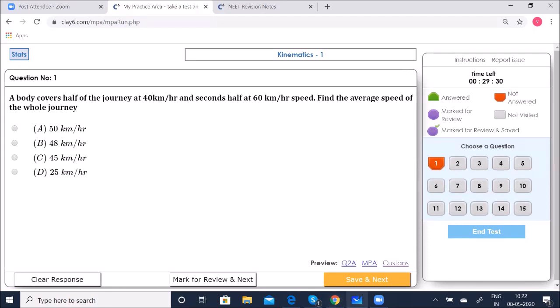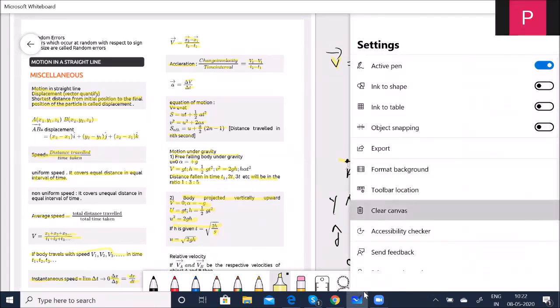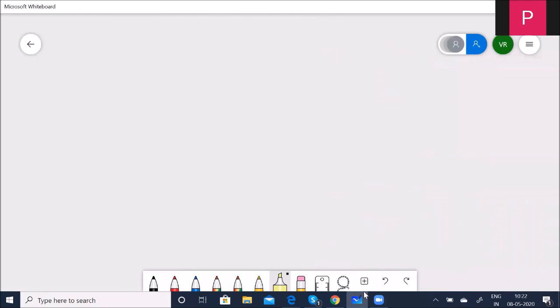Now let us quickly solve this. Let me clear the page. Now you know average speed is total distance by total time taken. Okay, so let us say 2s is going to be the total distance traveled.